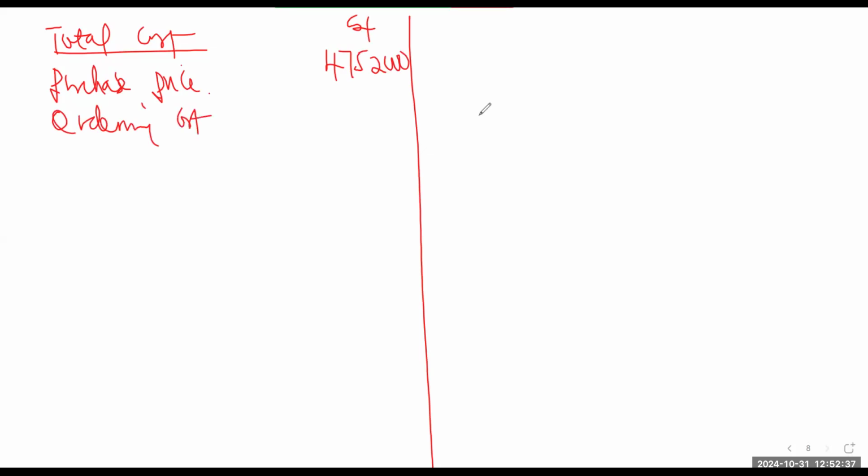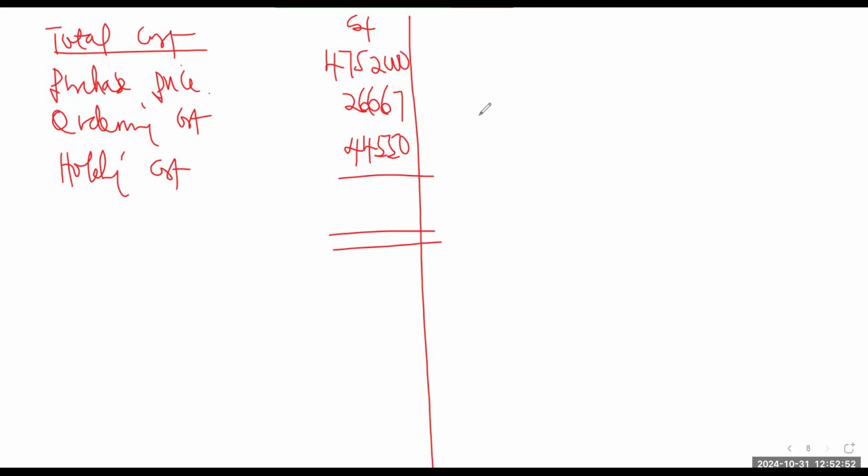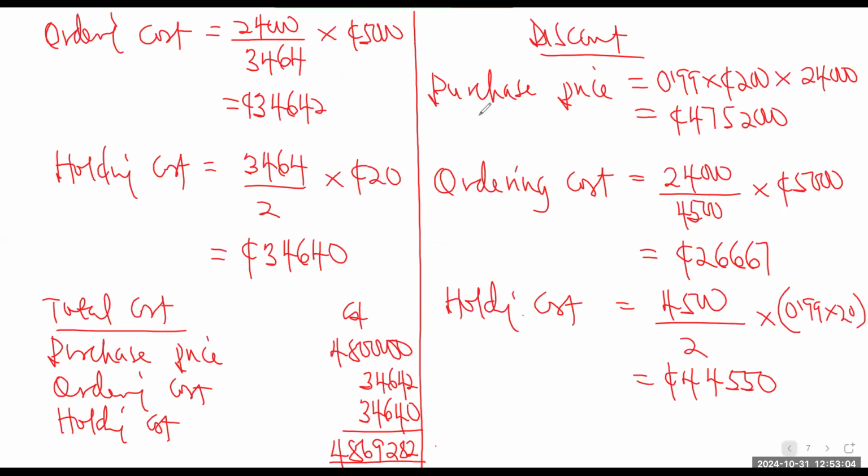This is 7. 66667. Holding is now what? 44,550. What are we having as a total cost? 482,3217. Yes. Okay. So what is the difference now?